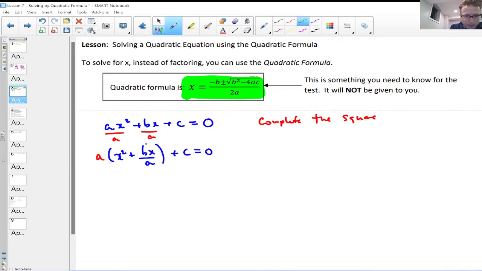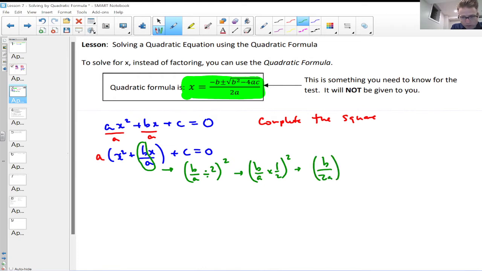Now I'm going to take the coefficient of my x, halve it, and square it. So I have b over a divided by 2, squared, which is really b over a times 1 over 2, squared, which is b over 2a squared, which is b squared over 4a squared. So I'm going to add and subtract that inside the bracket.